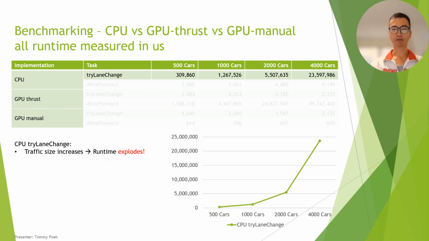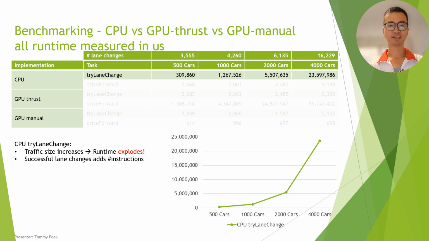Now let's look at a horizontal comparison. We just increased the traffic size, doubling at each step. We realized that in the CPU code, the first function, tri-lane change, has an explosion as we increase the number of cars. This is actually explainable because the cars are trying to change lane here, but they don't necessarily change lane.